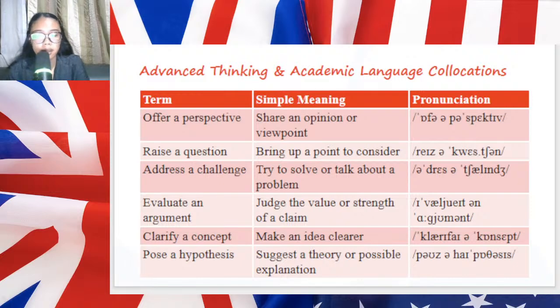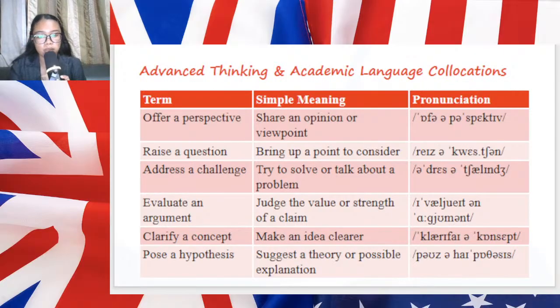So these are the collocations. First is offer a perspective, meaning share an opinion or viewpoint. In academic discussions or writing, offering a perspective involves presenting your interpretation or angle based on evidence, experience, or some kind of reasoning.